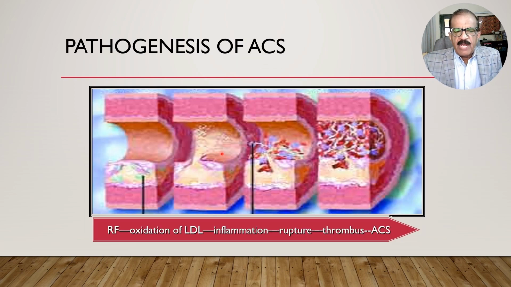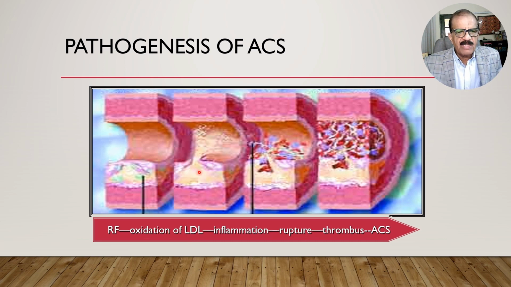Now, the pathogenesis of acute coronary syndrome. Patient may have certain risk factors. This is the vessel, and in cross section they show how this disease progresses. Somebody may have risk factors, I just mentioned them, and those risk factors lead to oxidation of low density lipoprotein molecules, and they cause atheromas.